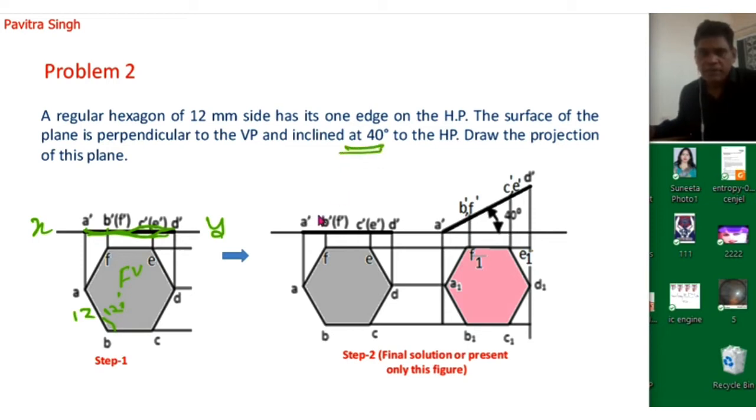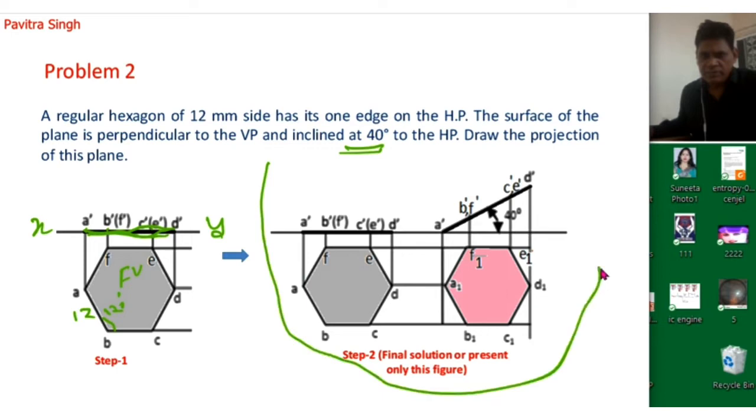Now we will follow the second condition. It is given that this plane is inclined 40 degrees with the horizontal plane. That's why we will rotate this front view A dash to D dash, in this figure you can see, at an angle of 40 degrees. Okay, so this shape is the same.